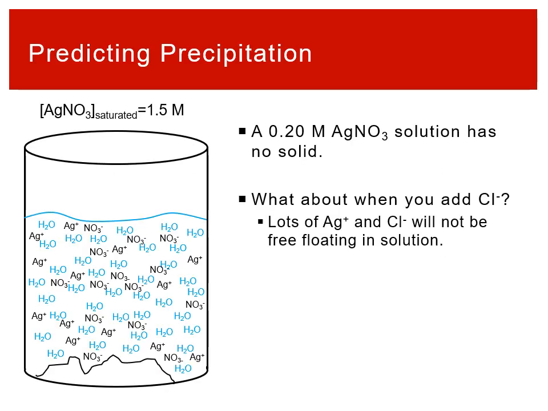So if I start, for example, with silver nitrate, the saturation, so the molar solubility, is 1.5 molar. So 1.5 molar is my solubility limit, pretty high. If I have a 0.20 molar silver nitrate, that's below the solubility limit. So I would have no solid present, right? I just have a bunch of silver and nitrates floating around.